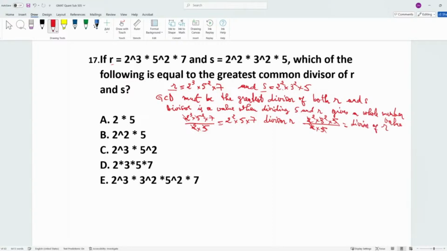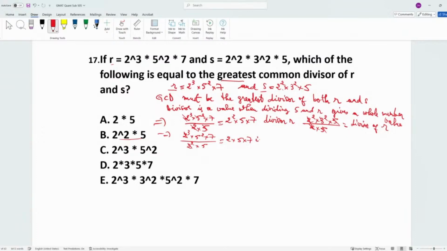Of R. And now the question will be, is it the greatest? Because it says the greatest common divisor. So we are going to look at the other options. So this option here, we will also see that this gives us actually 2 times 5 times 7.